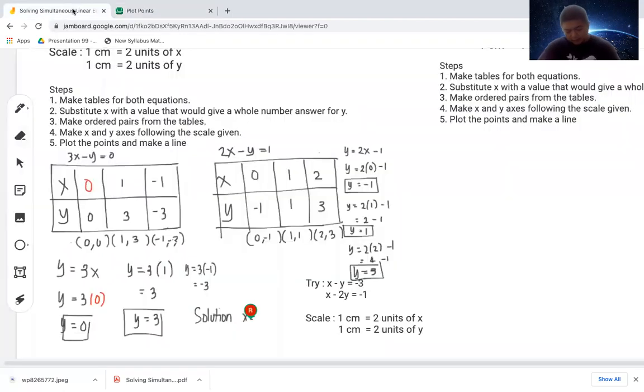So we write here -1. And the y here is equivalent to -3. Okay. And this is how you are going to graph or solve these equations using graphing. So the intersection will give us the solution for these two equations.